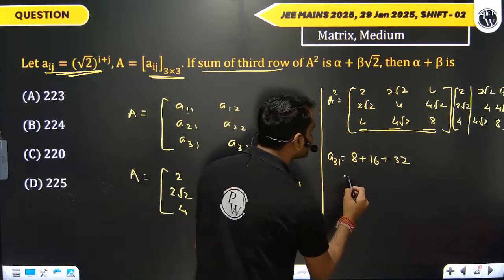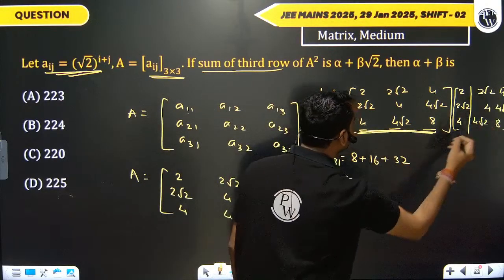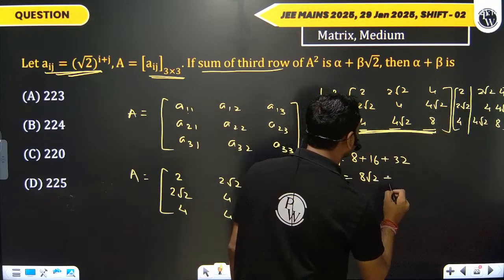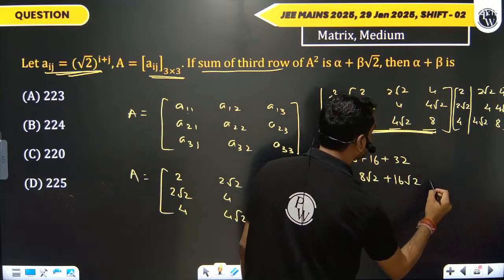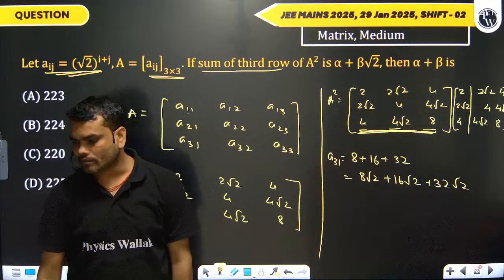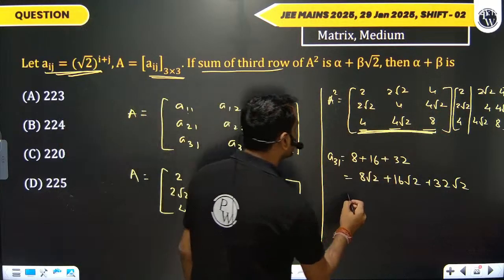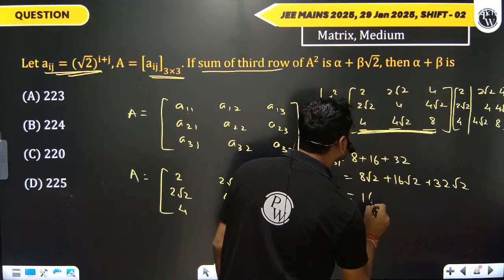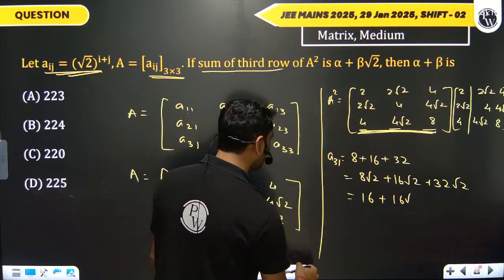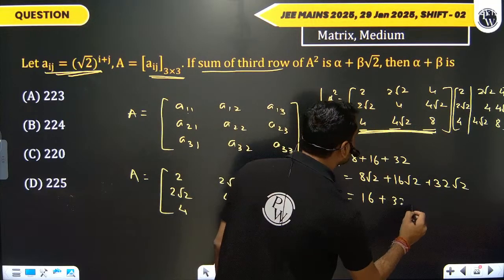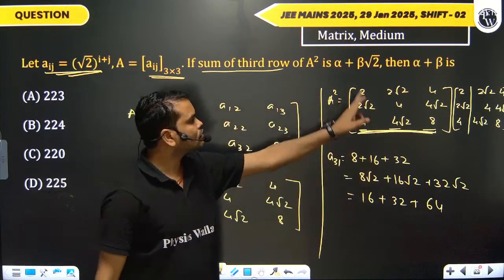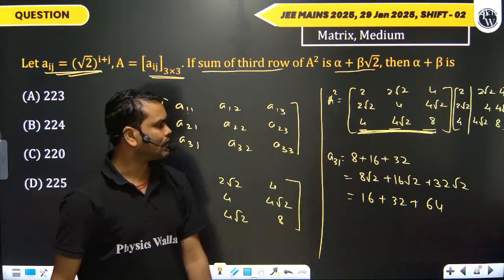Now we will calculate the second one, we will multiply this row with the second column. So 4 into 2, 8 root 2, plus 16 root 2, plus 32 root 2. Okay? And then we will multiply it with the third column. So what is it going to come? It is going to come 16 plus 16 root 2. So root 2 will come 2, so it will become 32 plus 8 into 8, 64. Now this whole sum should be in the form of alpha plus beta root 2.